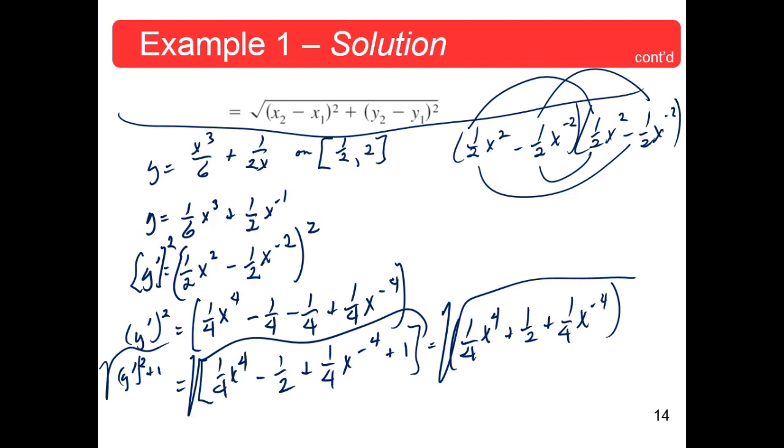Because the only difference between this and that, this is what we got before we added this. That was the perfect square of this. And this is the perfect square if you had a plus there. It looks like a shell game, but it is indeed true. So the square root of that is 1/2 x squared plus 1/2 x to the minus 2.